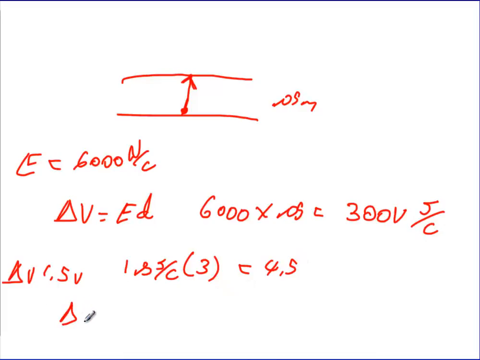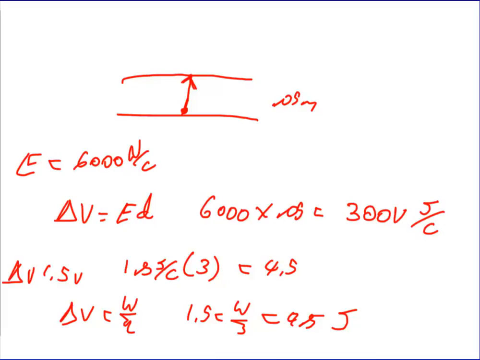I'm using the first one, work divided by charge: 1.5 equals work divided by 3, which equals 4.5 joules. It takes 4.5 joules of work to move 3 coulombs of charge through this field. Now if the field did work, then the field would do 4.5 joules of work when the charge moved.